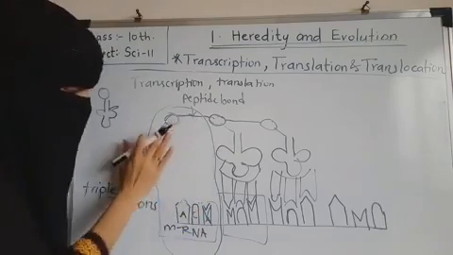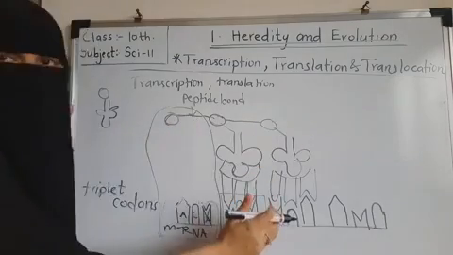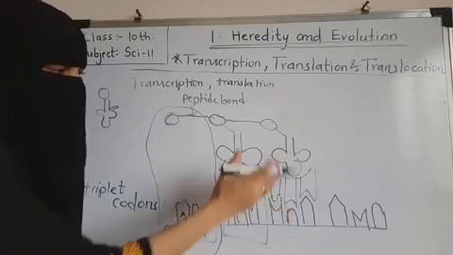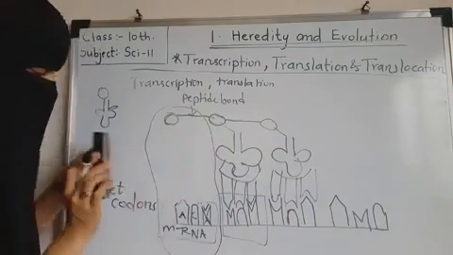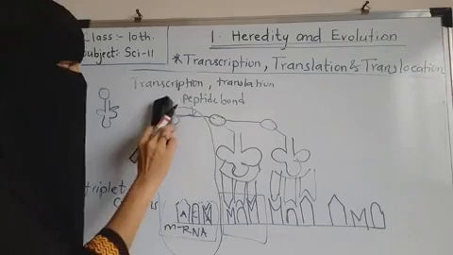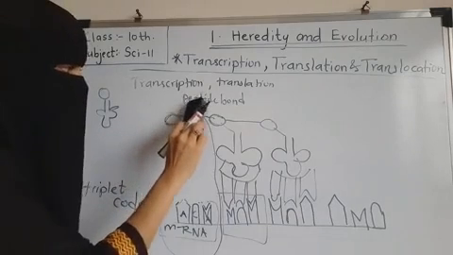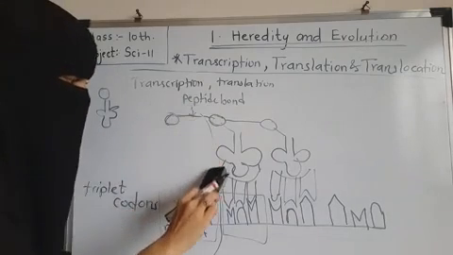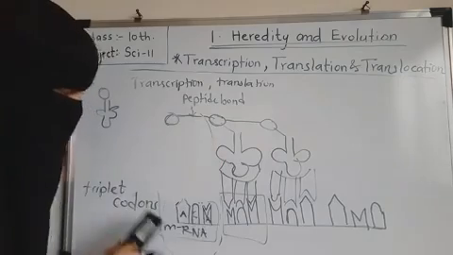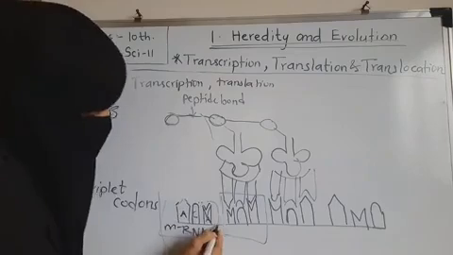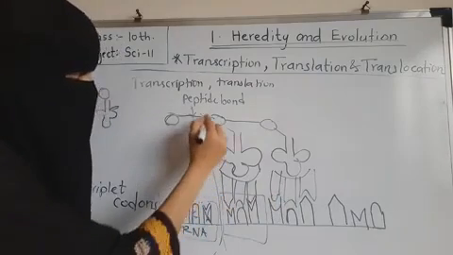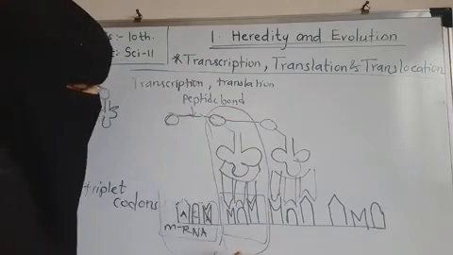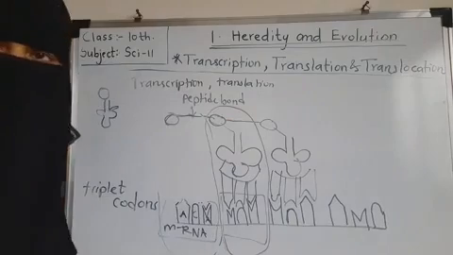Then, when the third transfer RNA comes in and attaches itself, the ribosome shifts one step ahead.